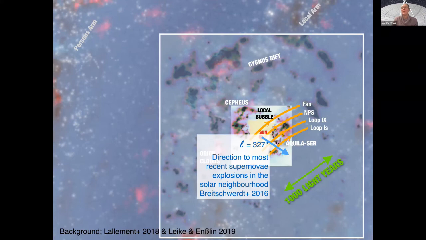And so the idea of this model that I'm presenting is that these filaments, or these lines, are actually compressed gas that was caused by these explosions that also evacuated the space around us and created the local bubble.